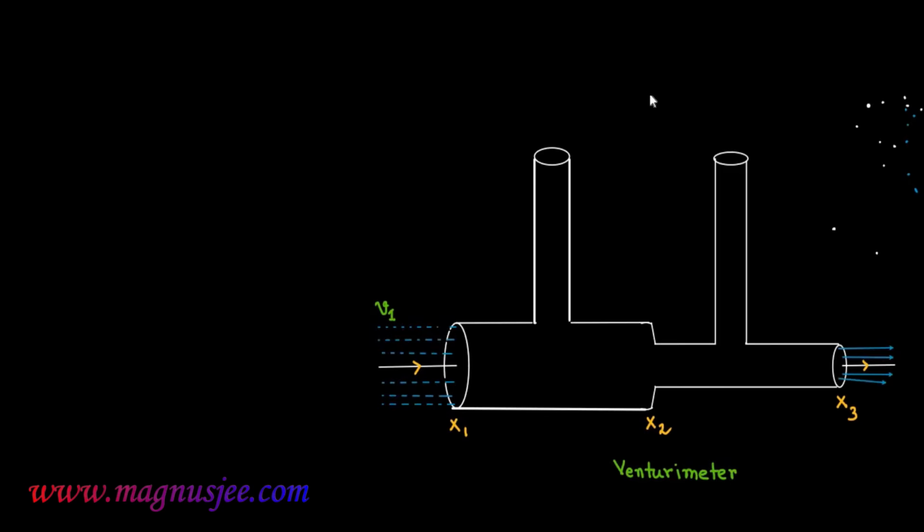So from the end X3 of the second horizontal pipe X2X3, liquid is flowing out with speed V2. V2 is the velocity with which liquid flows out of the pipe X2X3 through the end X3.